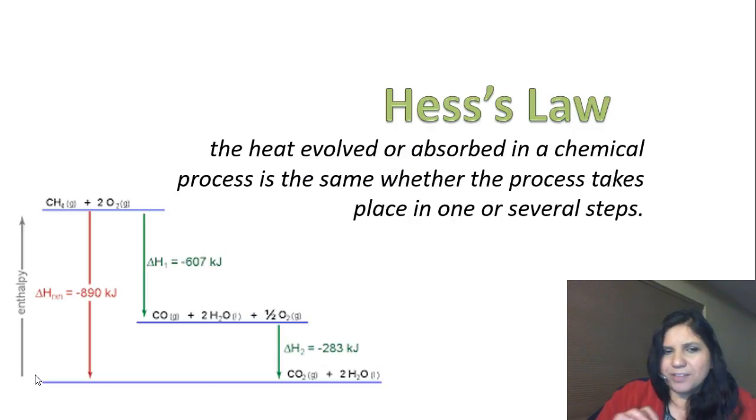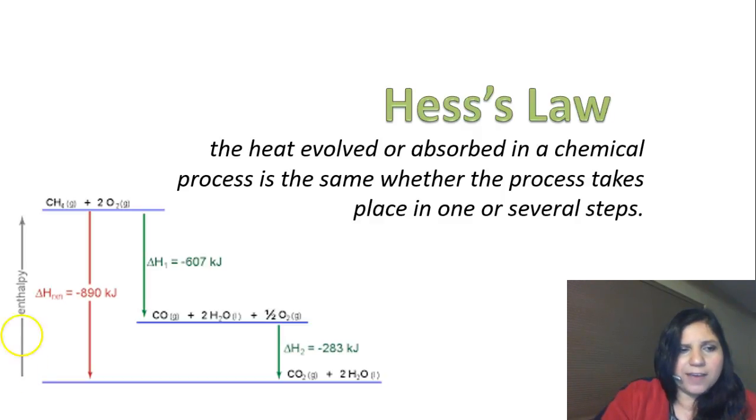So, a couple of other ways this can be written for Hess's Law, and it is that the heat evolved or absorbed in a chemical process is the same whether the process takes place in one step or in several steps. So it doesn't matter how many steps it takes to get there, the amount of heat is always going to be the same.